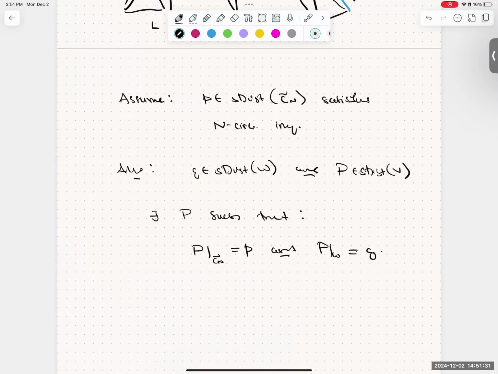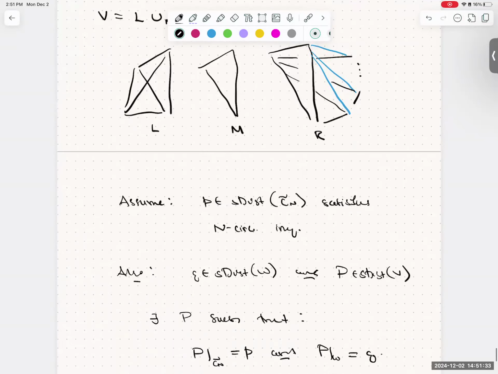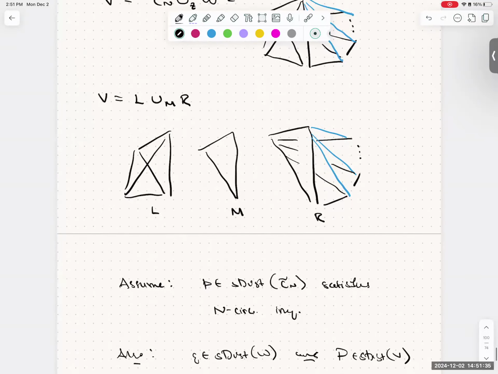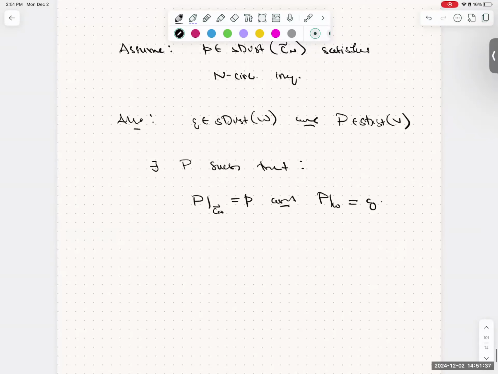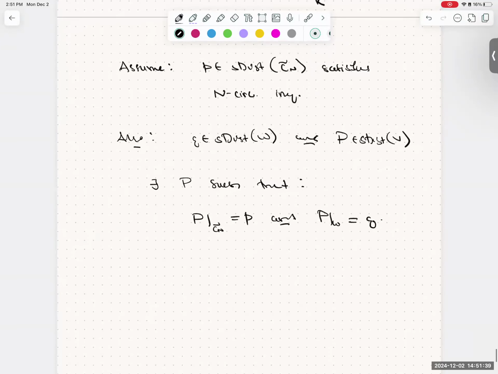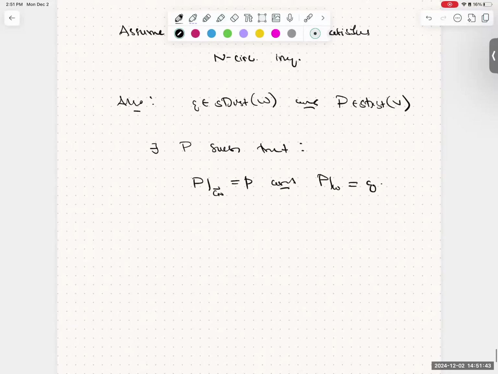It extends to W. W is a subspace of V, and Q and P can be made to match.